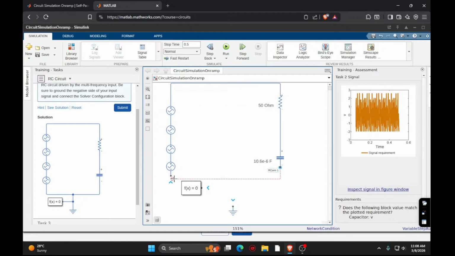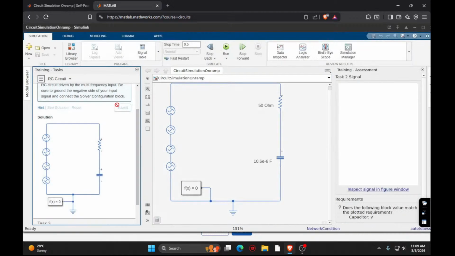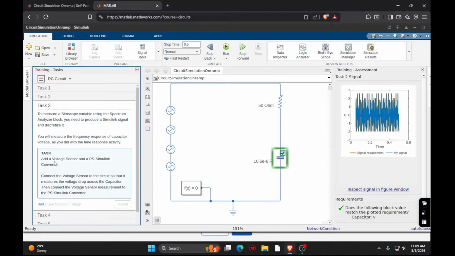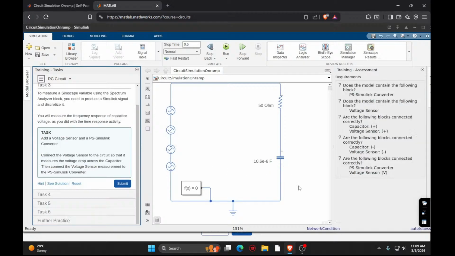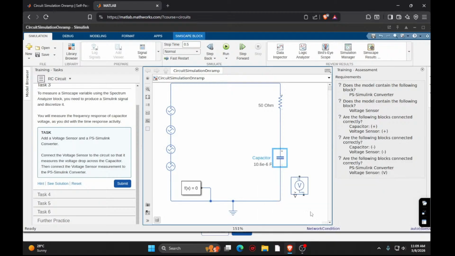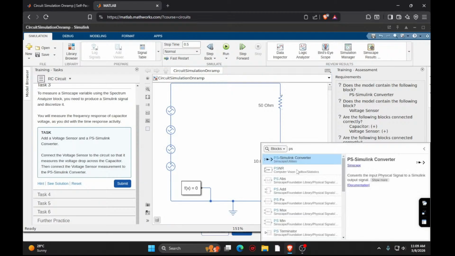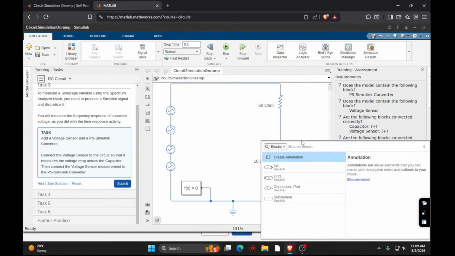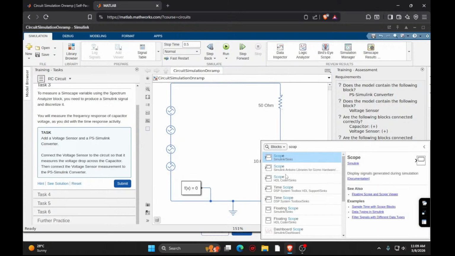We need a ground as a reference. Add the voltage sensor, PS converter, and scope.